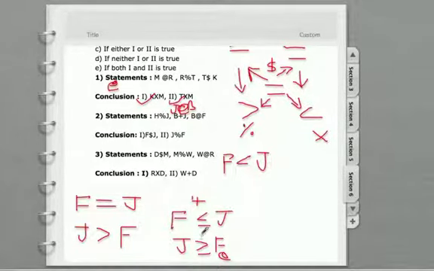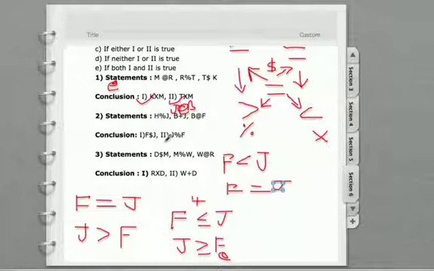So we can split this into this: f is smaller than j and f is equal to j. F is smaller than j or j is greater than f, these two are both the same, and if j is equal to f or f is equal to j, it is the same. So we got this answer.